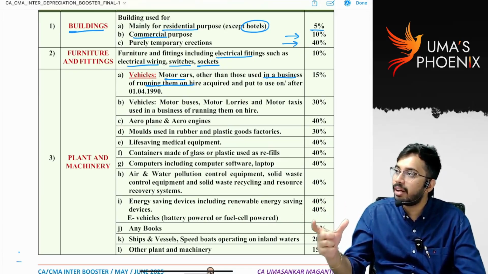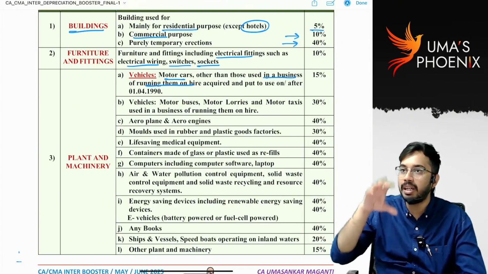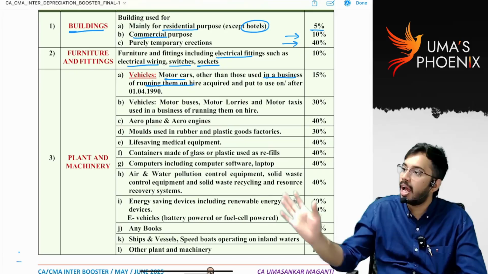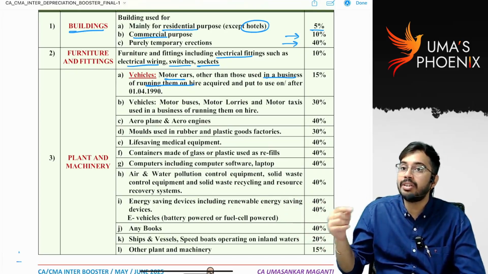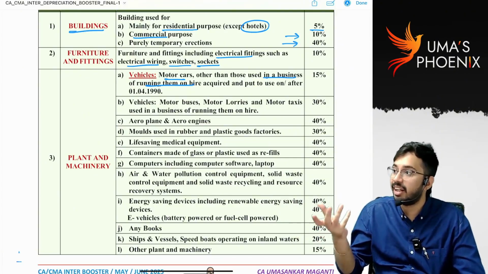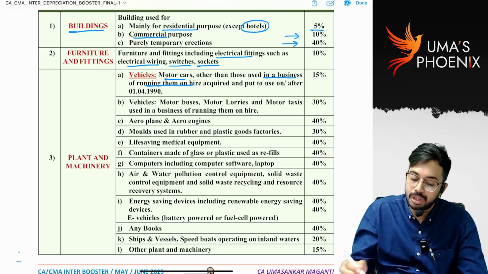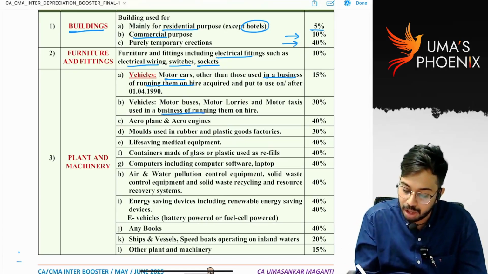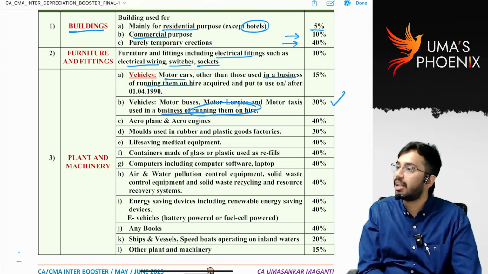That means my main business is buying cars and giving cars on hire basis, rental basis. Now whenever a car is used in hire business, the usage is higher. As the usage is higher, a higher rate of depreciation is allowed. So whenever a car is used in the business of running them on hire, rate of depreciation is 30%.